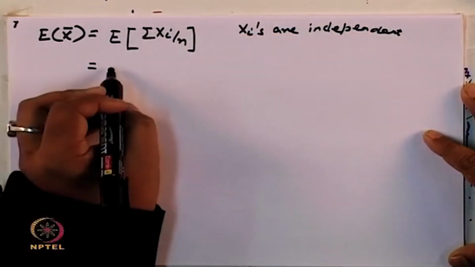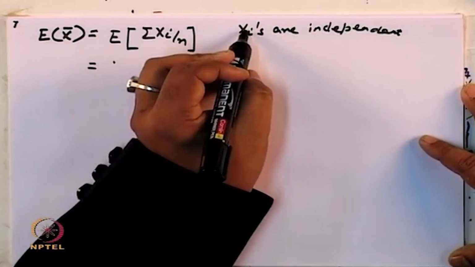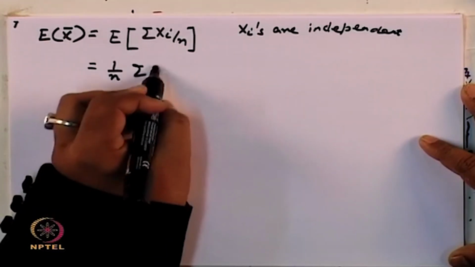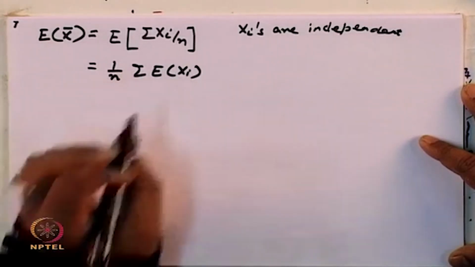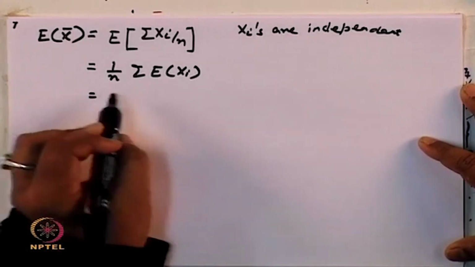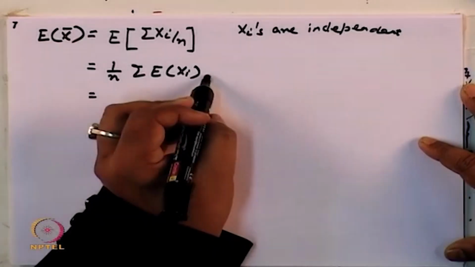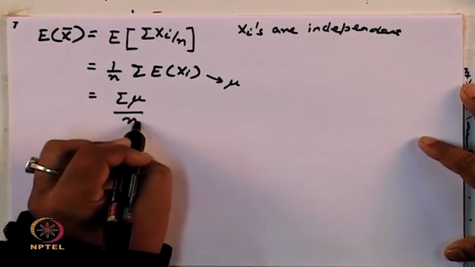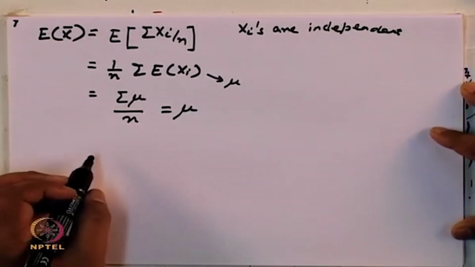I can write this as 1 by n summation expectation of xi. And what is the value of expectation of xi? It is simply mu. So, I have summation of mu n times by n, which will return a value of mu.